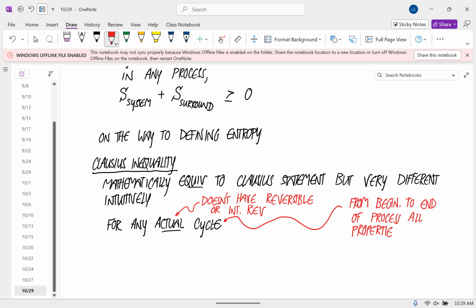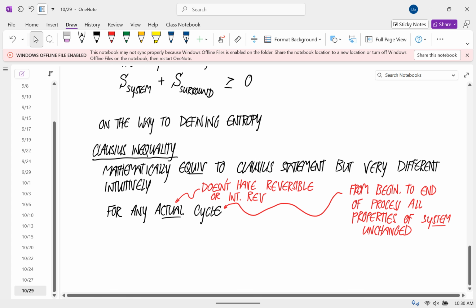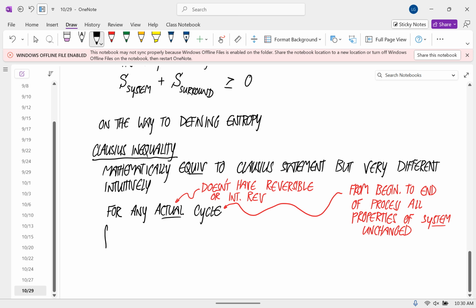All properties of the system are unchanged. And for any actual cycle, so if you take the entire sum over this cycle, that's what this means.